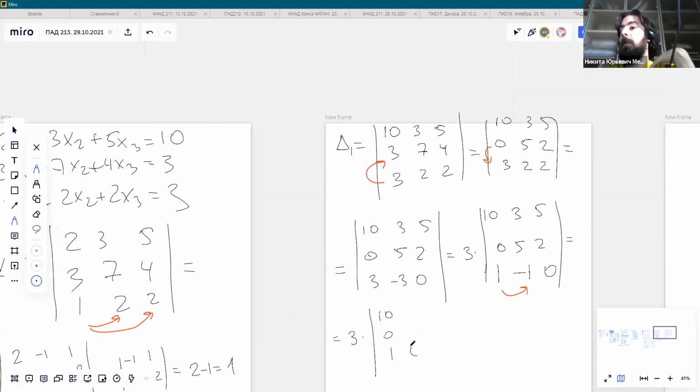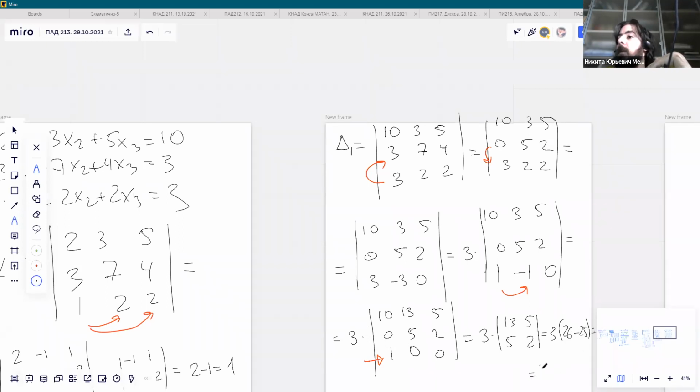So what happens now is this. And again, I expand by this row. It's a coincidence that it is the same row as last time. It could have been something different. And so 3 remains, obviously. And this is 1, and it is with plus. And what remains is this smaller determinant, which is easy to compute. It is 26 minus 25. So the result is 3.